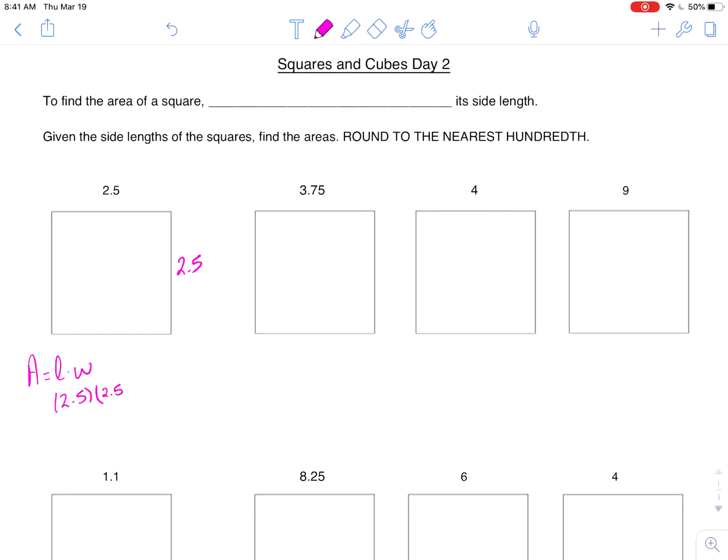So 2.5 times 2.5, or 2.5 squared, and we would get 6.25. So again, all we're doing here is anytime I have the side lengths of a square, I will square the number.